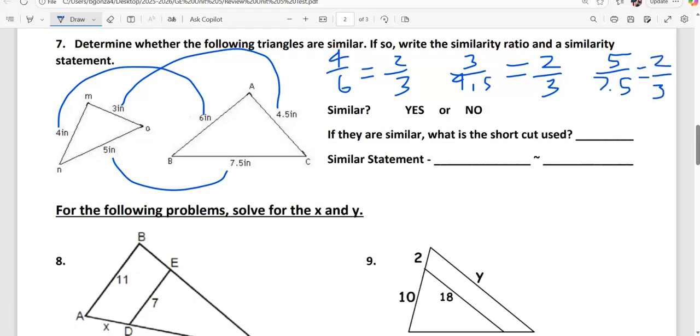So in this situation, I don't know anything about the angles. We can say yes, it's similar because of side, side, side similarity. And the first one, we can do triangle OMN.